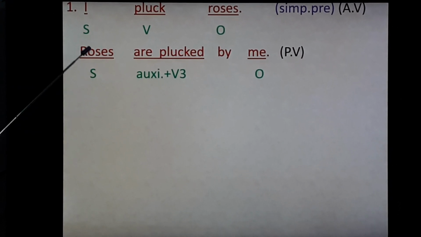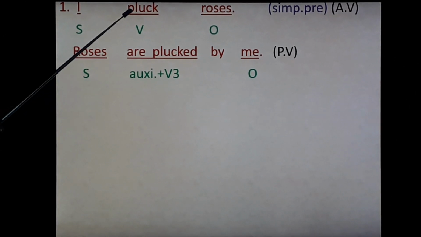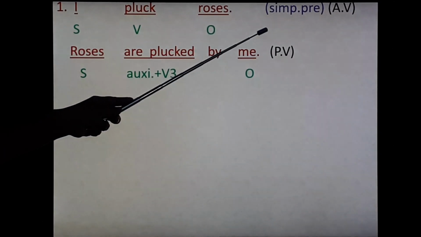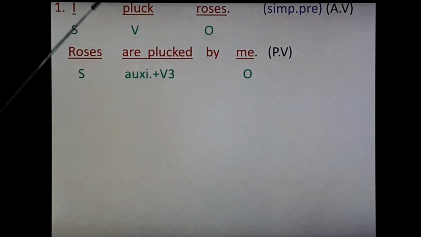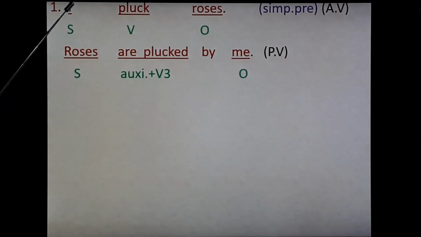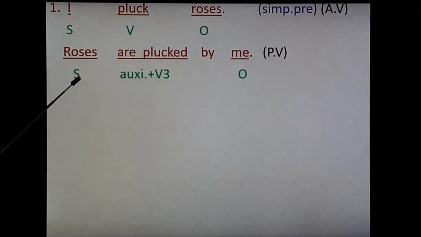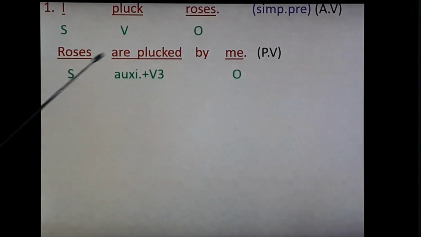Then you have to use the verb. Go to verb form. Here pluck is given, so that is simple present tense. When you find simple present tense, you have to use is, am or are according to the subject. Not according to active voice but according to passive. Here the object becomes the subject in passive voice.